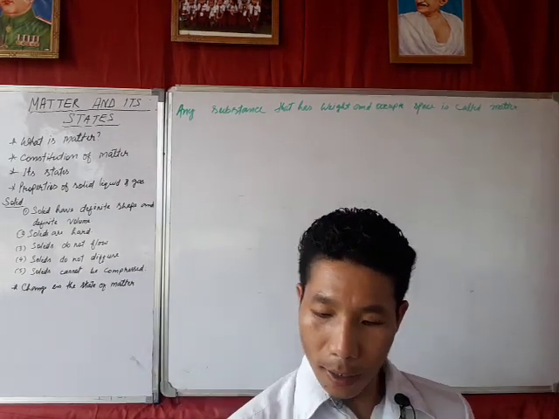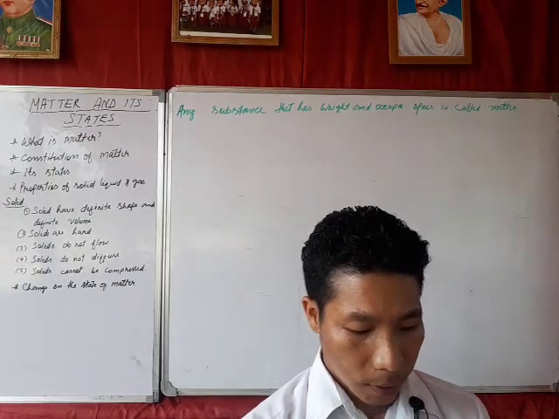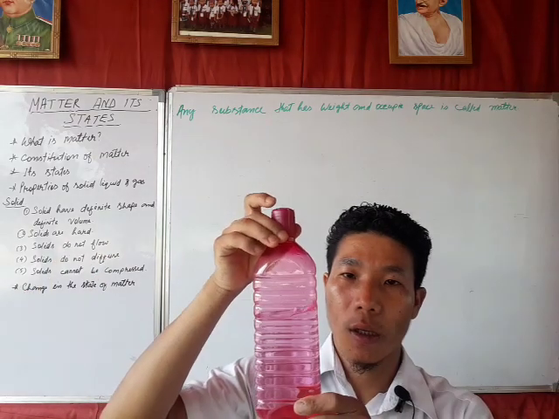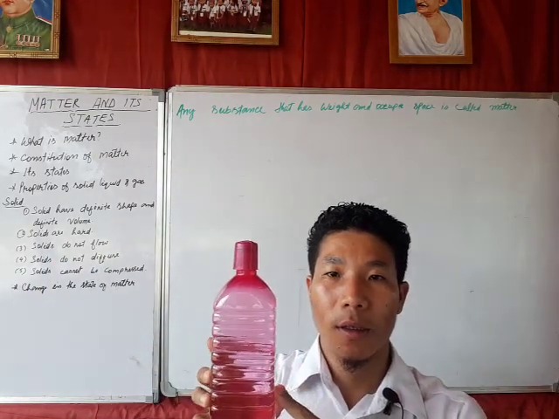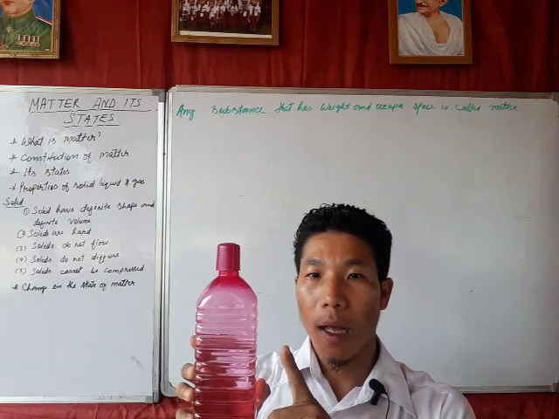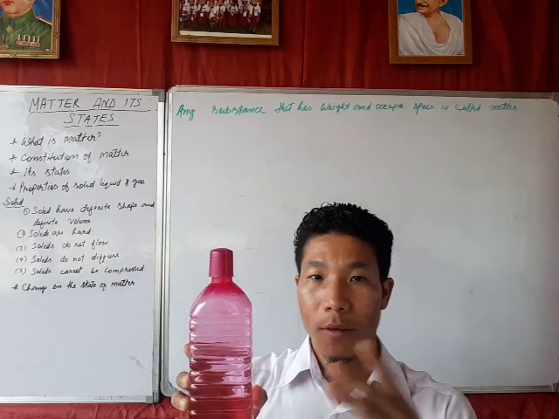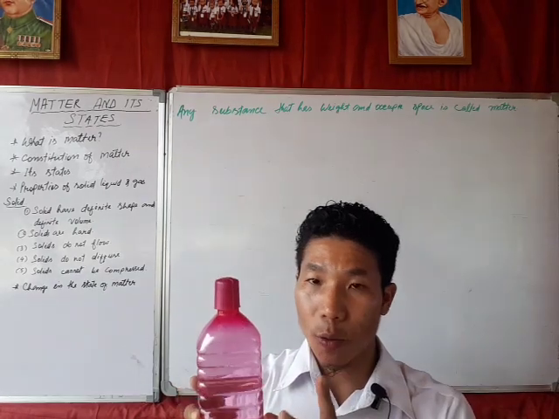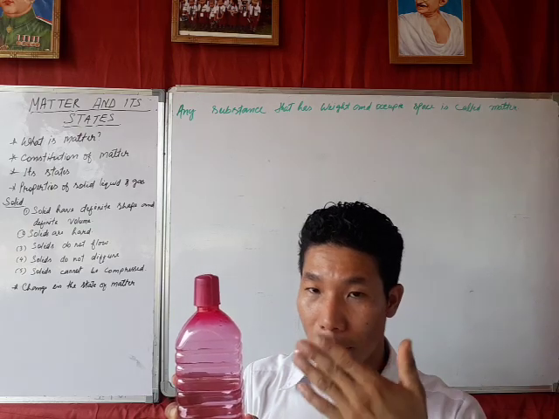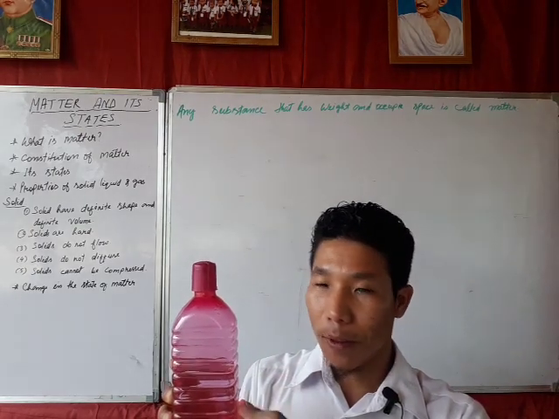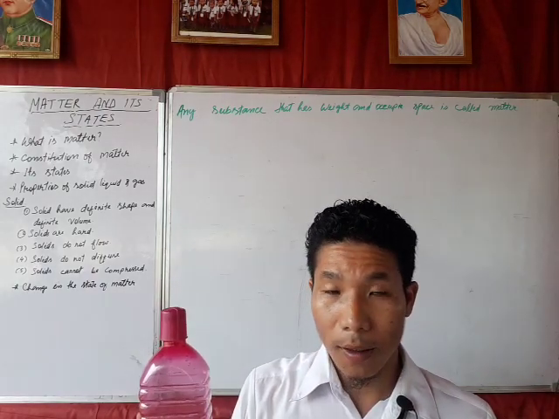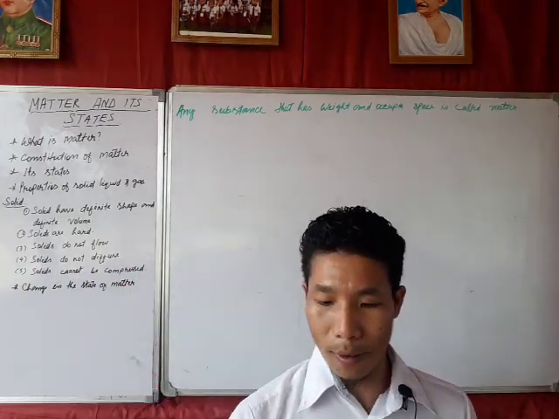Now I can show you another. This is water. Does this water have weight or not? Correct, it has weight. Does it occupy space or not? Does water occupy the empty bottle? Okay, so it occupies space. So this is matter.